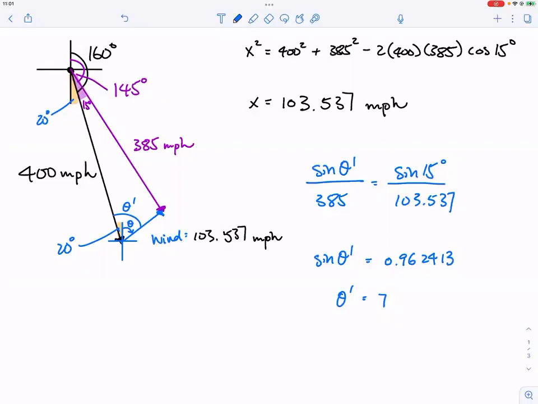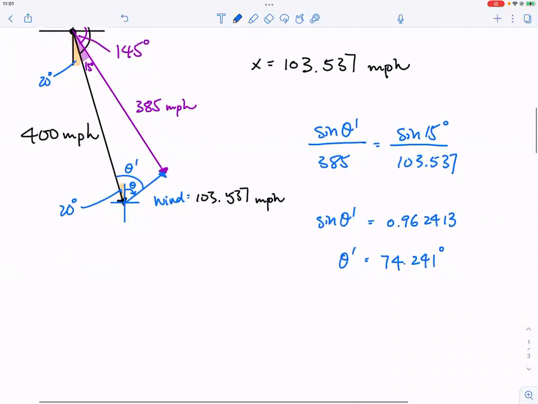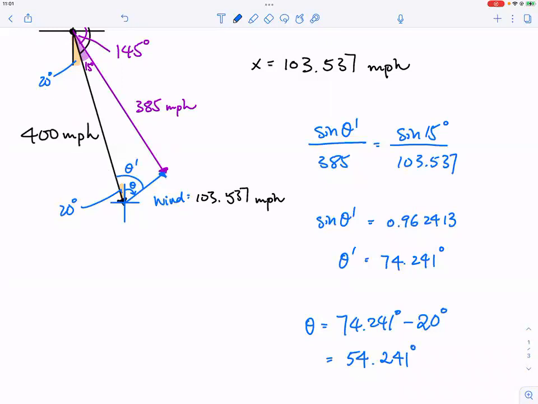Sine theta prime would be 0.962413, and theta prime is going to be 74.241 degrees. So that's the big angle of the triangle here. But since we only look for the bearing, we'll do 74.241 degrees minus 20. So the actual wind direction would have a bearing of 54.241 degrees.